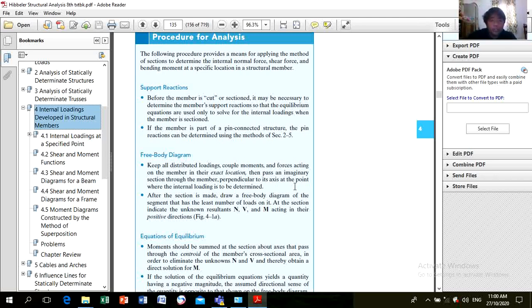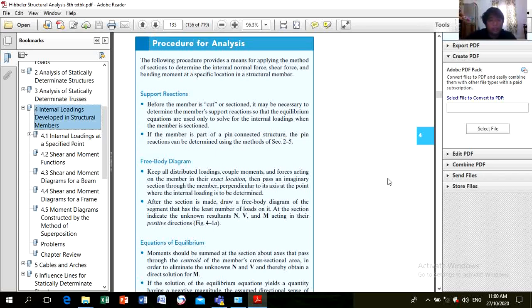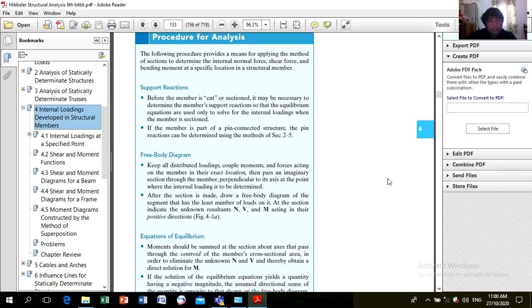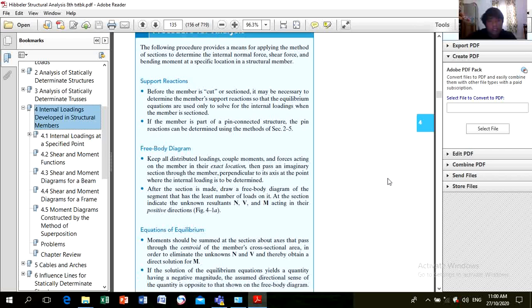The following procedure provides a means for applying the method of sections to determine the internal normal force, shear, and bending moment at a specified location in the structural member. First, support reactions: before the member is cut or sectioned, it may be necessary to determine the member's support reactions.